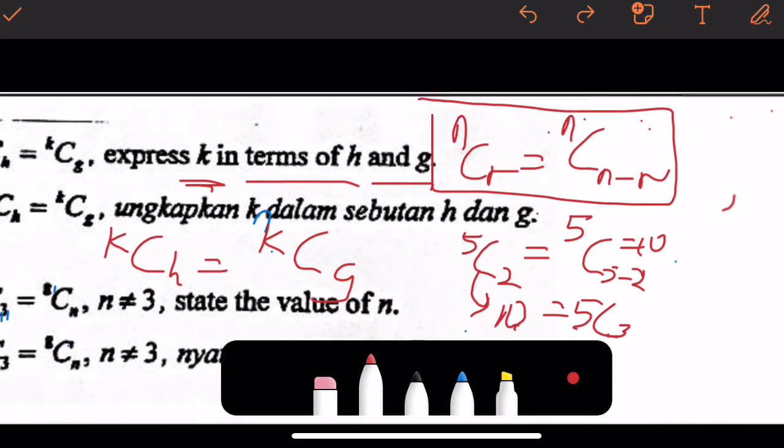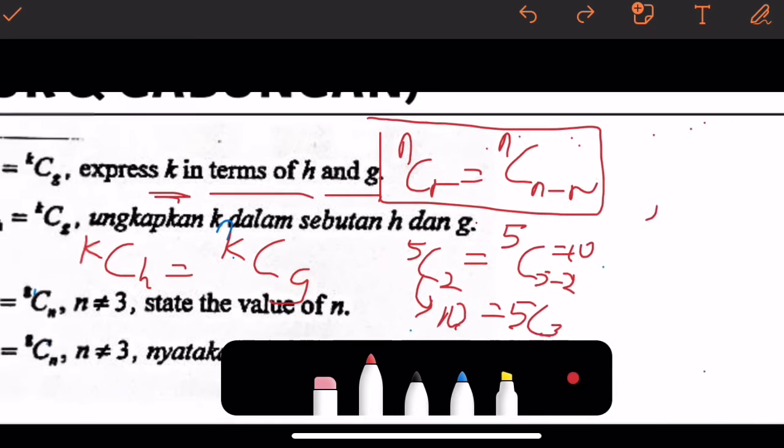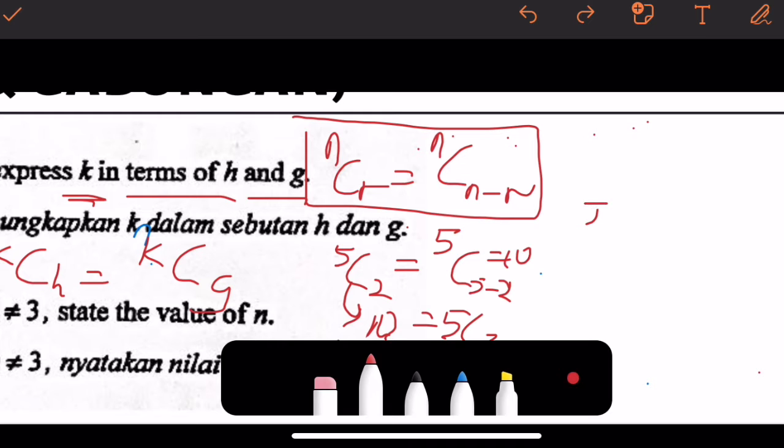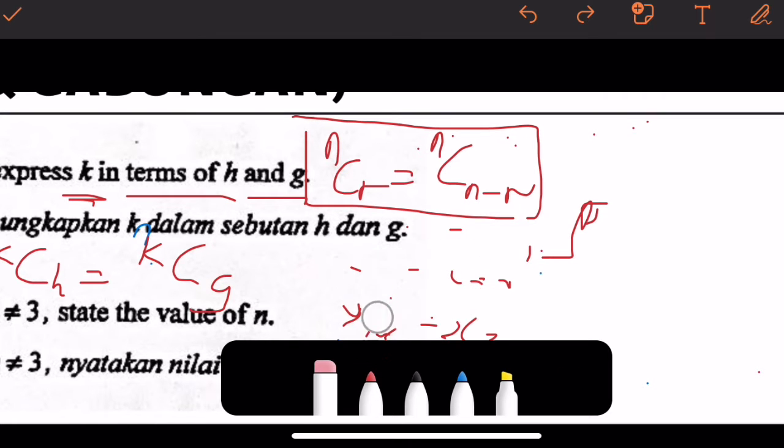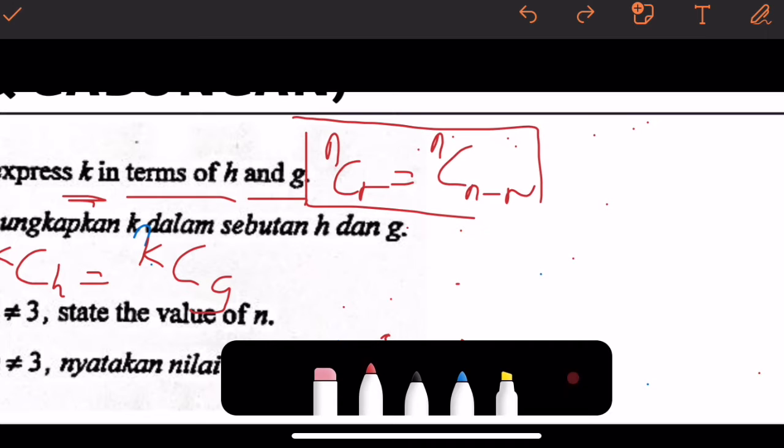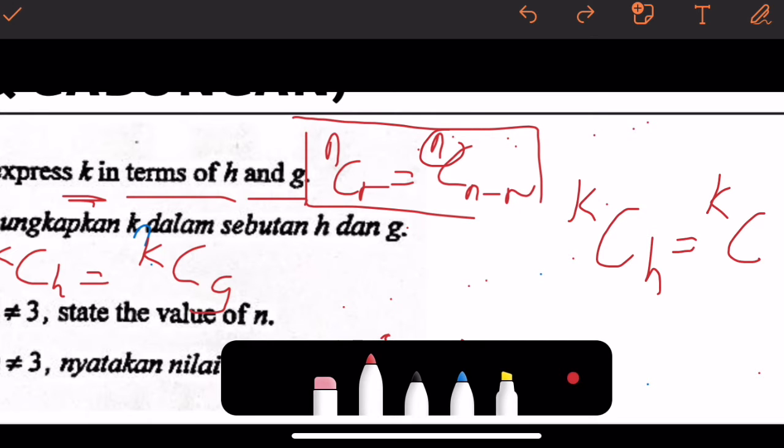So we want to find K. Now we have KCH. Based on that formula, K is our n, so KCH becomes KC(K minus H), where H is the r.